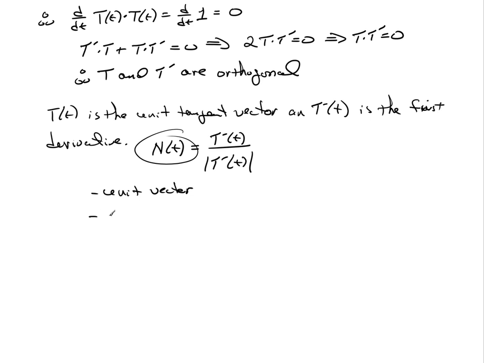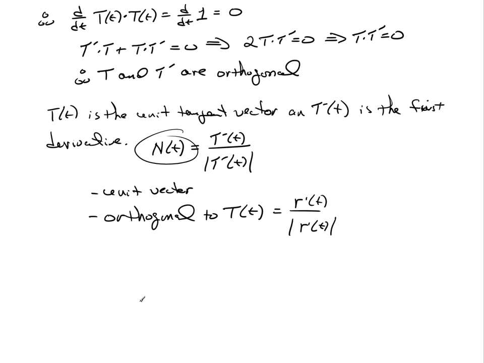It is orthogonal to the unit tangent vector. I guess we could remind you that T is r prime of t over the magnitude of r prime of t. And a really important property of N of t is that it always points inward in the direction of curvature. And again, it's orthogonal to the unit tangent vector.